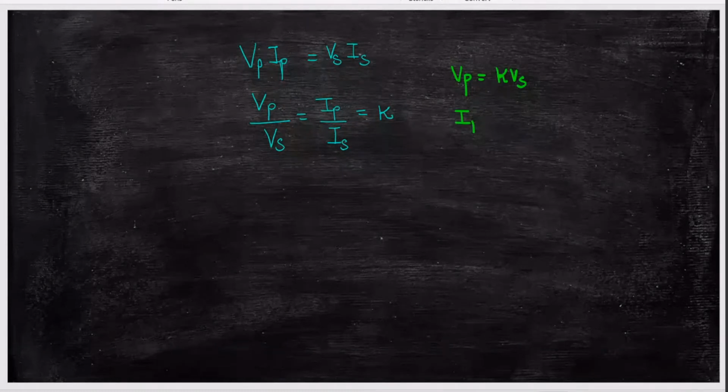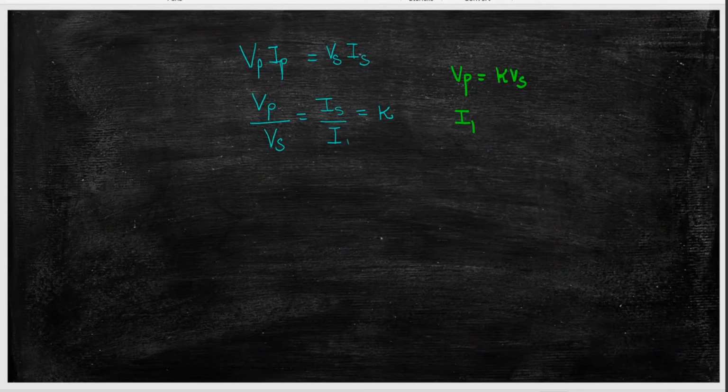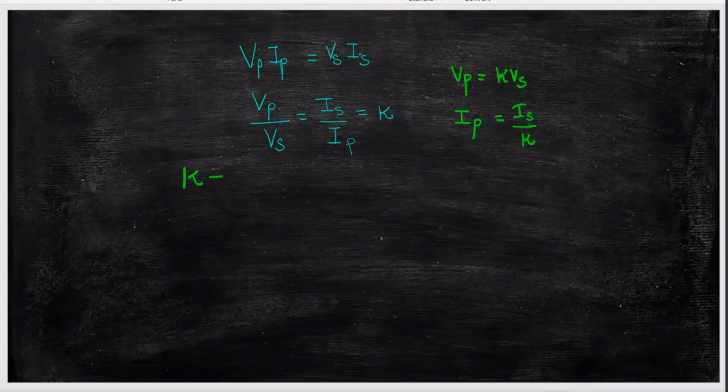Similarly, Ip is equal to, sorry, here what will happen? This will become Is, this will become Ip. So Ip is equal to Is divided by K. I will call this K the transformation constant.